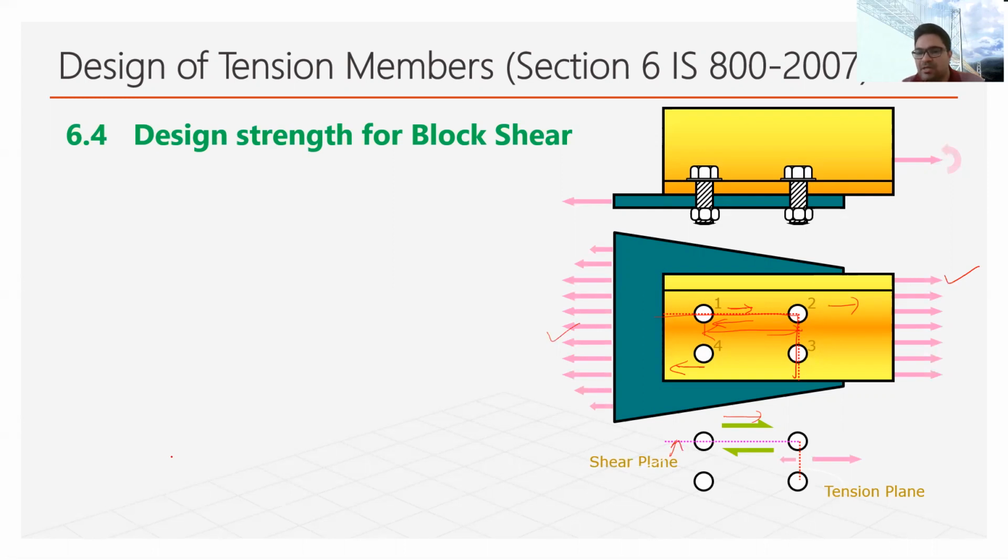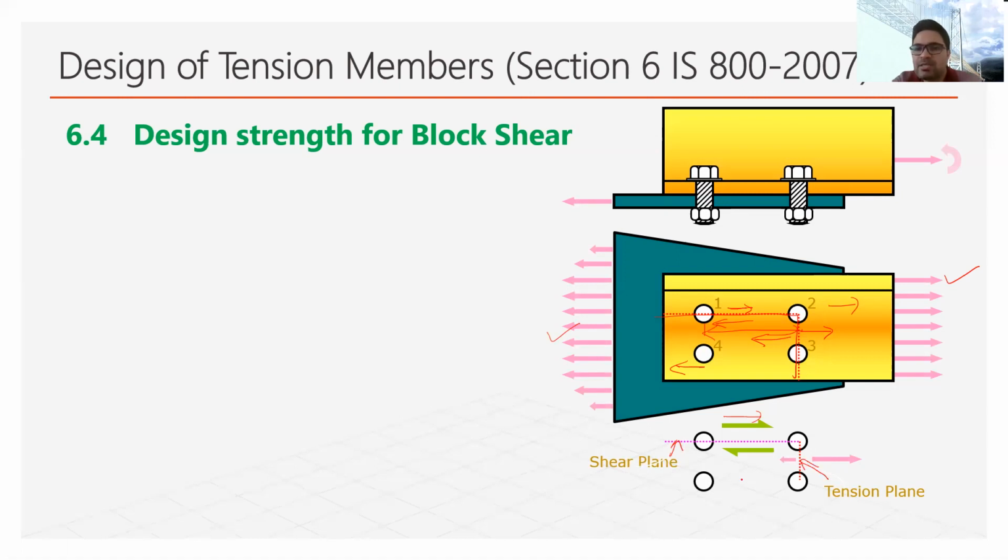Along bolt 2 and 3, you can see this part is trying to go there and this part is trying to go there. So here bolt line 2 3 is under tension, and that is why we call this plane the tension plane.